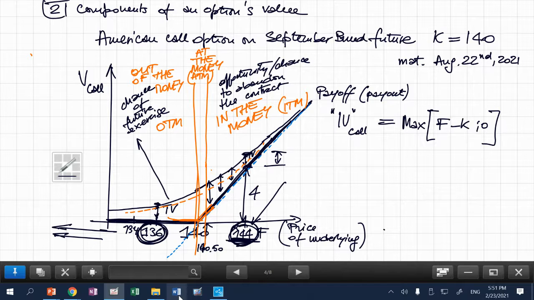Greater volatility means that, everything else being equal, the chance that the market can go up by 4 and trespass 140 becomes more likely if the market is more volatile. Conversely, when you are in the money, if the market becomes more volatile, the risk of abandoning grows larger. So intuitively, graphically, what happens if you have an increase in volatility? In which direction would the curve move?